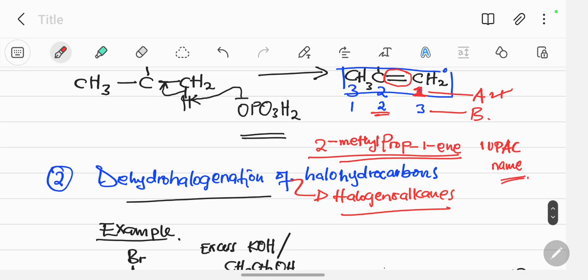So in your revision, dedicate time and read through IUPAC names. Try to grasp them and learn how these IUPAC names are generated. First, you consider the function group and its position.